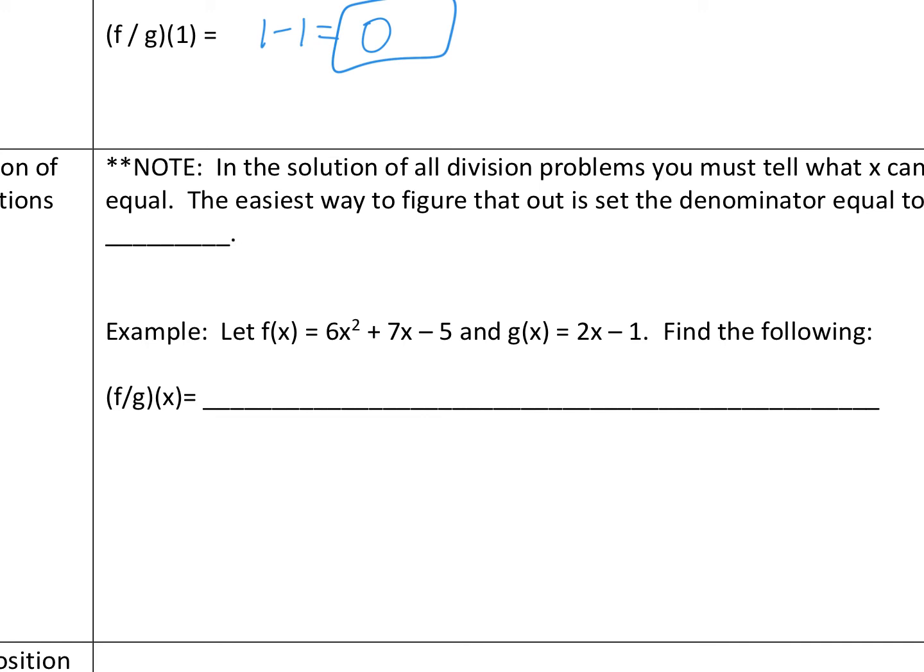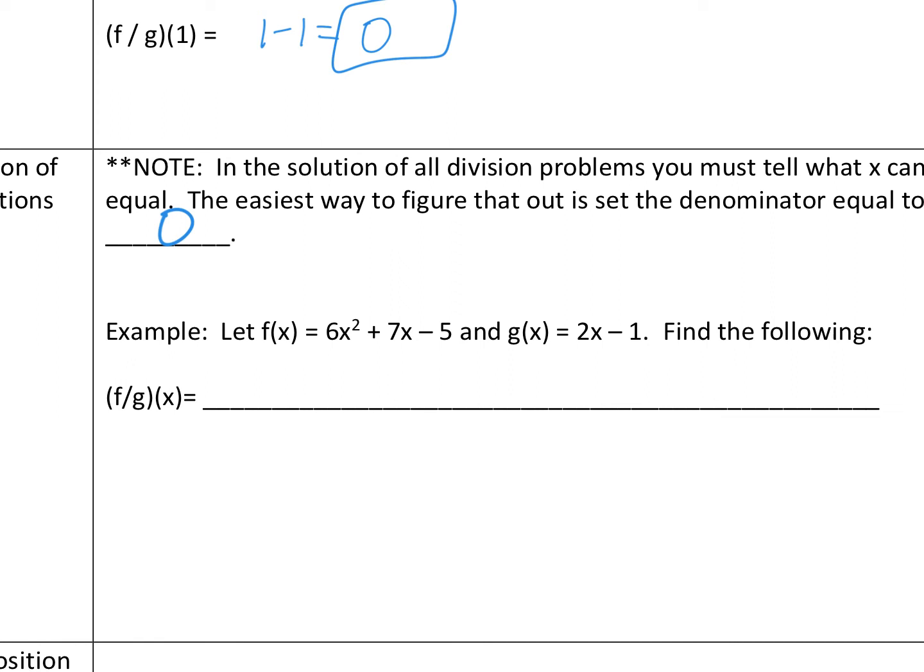Type anything into your calculator and divide it by 0, it's going to tell you error. That is because it is undefined. So anytime you have a fraction and that denominator equals 0, that means it's going to be undefined for that value.